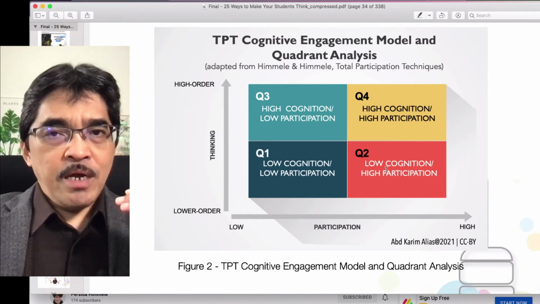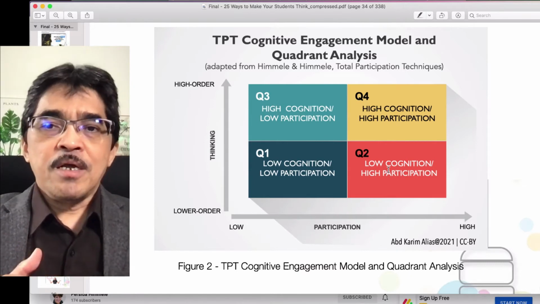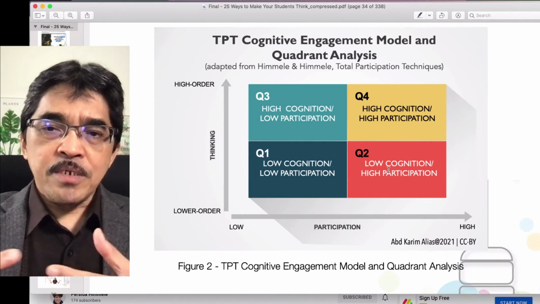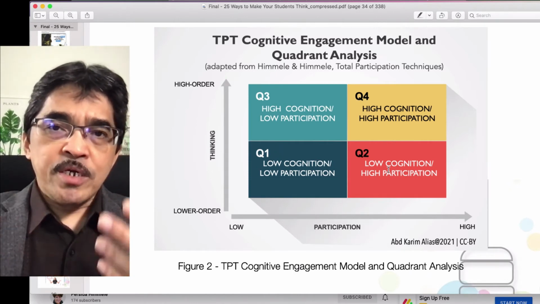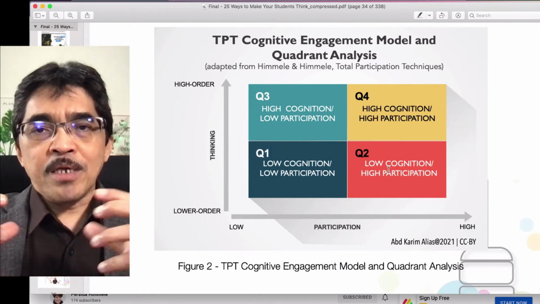Although they are doing low cognition activities, this is still very good, because it is especially useful when we start the class at the beginning to trigger students, as a set induction, and also to prepare students.